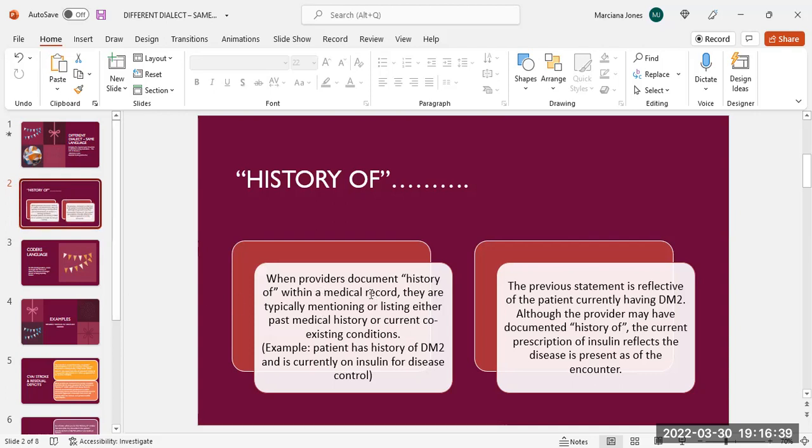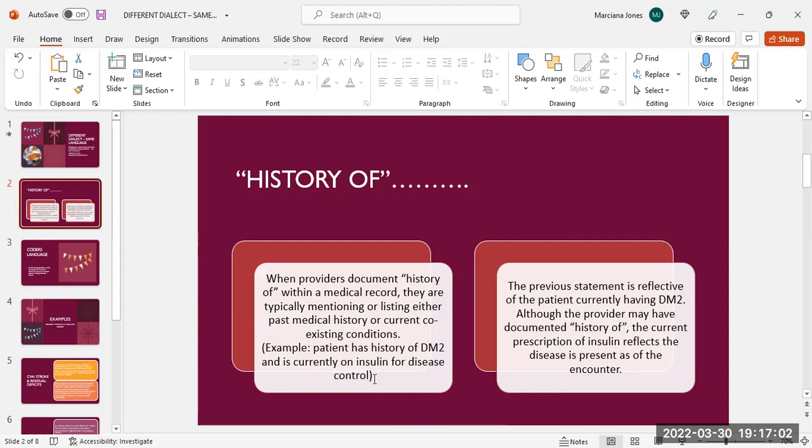When providers document history of within a medical record, they're typically mentioning either past medical history or current coexisting conditions. Example: patient has a history of diabetes type 2 and is currently on insulin for disease control. When the provider says a history of diabetes, our mind will think, oh, they no longer have diabetes.